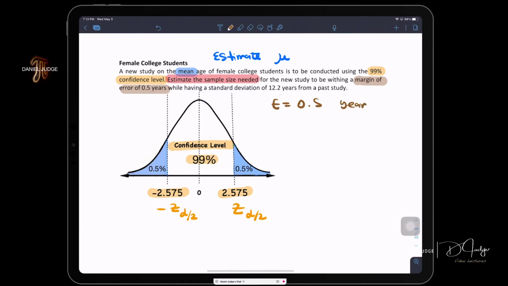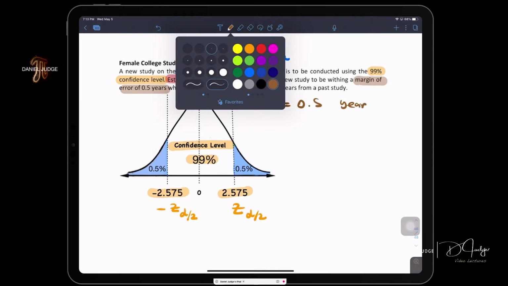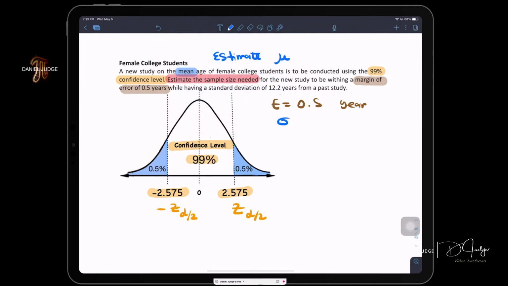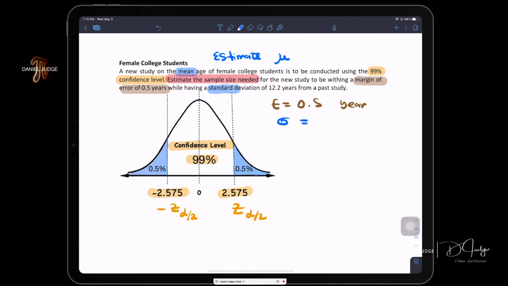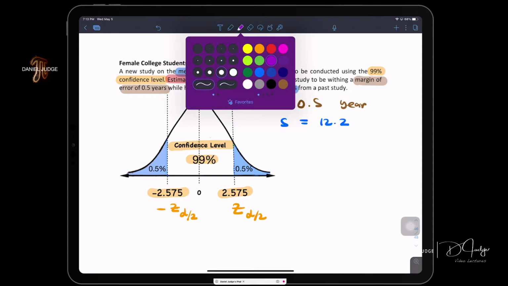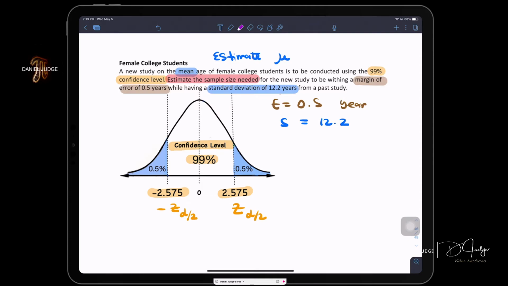Now, they also give a standard deviation, which could either be from a sample or the past population standard deviation, of 12.2 years. Sometimes they give you sigma, and sometimes they give you S. It's from a past study, and it doesn't really matter.